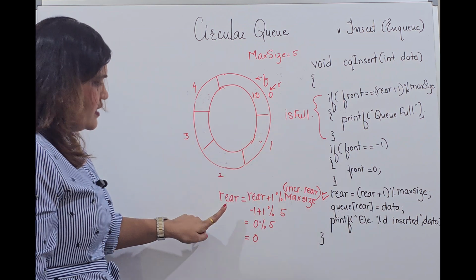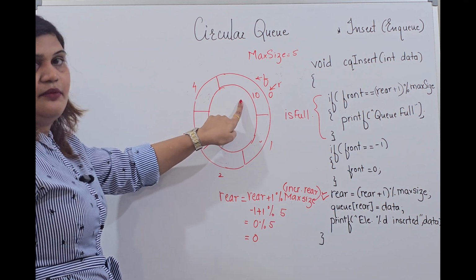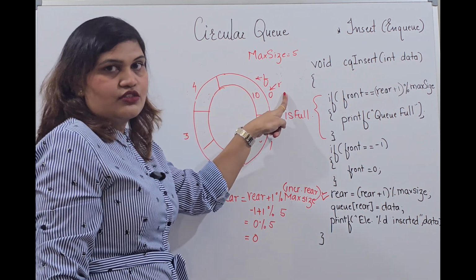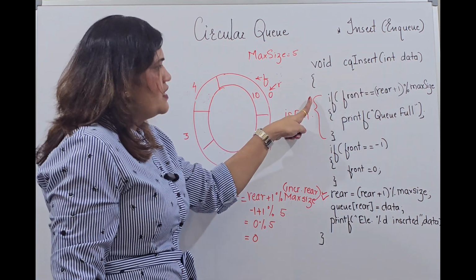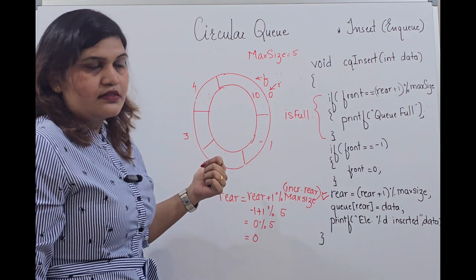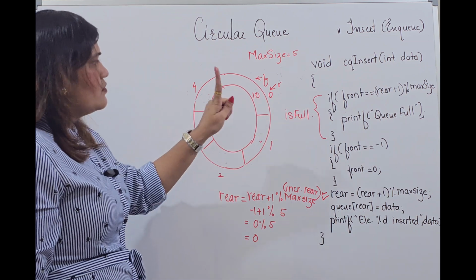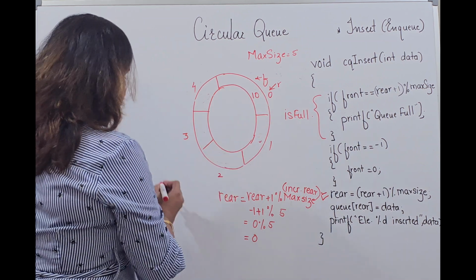Okay. Let's try to understand this again. I want to insert the element. For inserting the element, my rear works, right? Front is for deletion, rear is for insertion. Again, it will accept the data from the user, come inside, and check the is-full condition, because if it is full, I'll not be able to insert. In this case, it is not full, right? How it is not full, even that you can check. Front is 0.